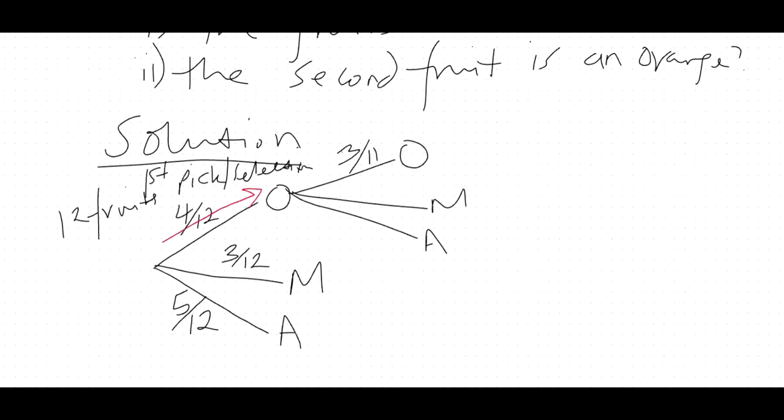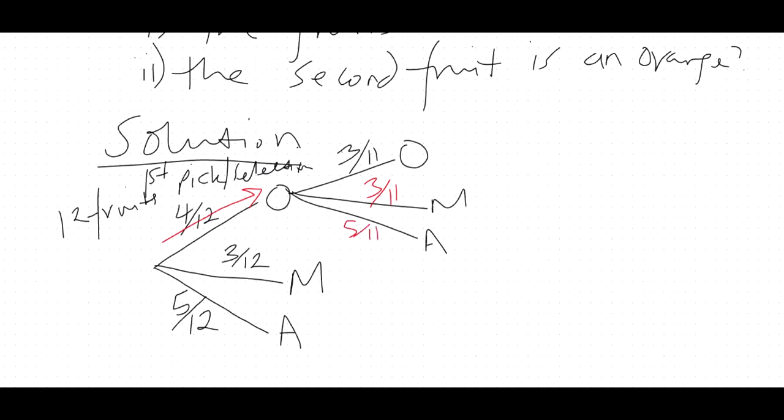So if the first fruit is an orange, then the probability of getting a mango from here will be the 3 mangoes that you still have remaining, out of a total of 11 fruits. Then the apples will be 5 out of 11 fruits.